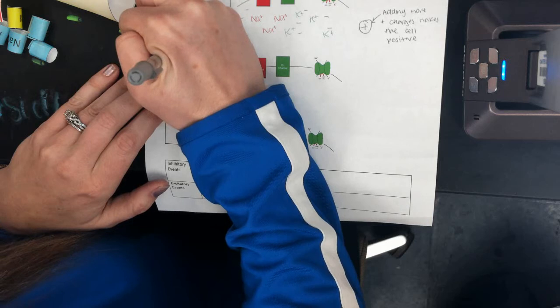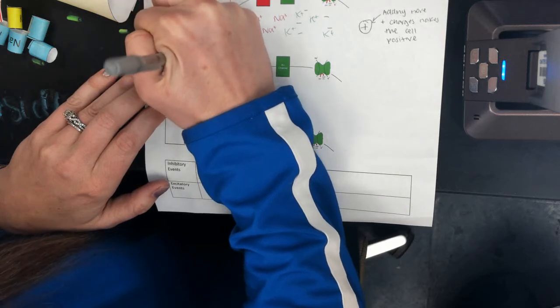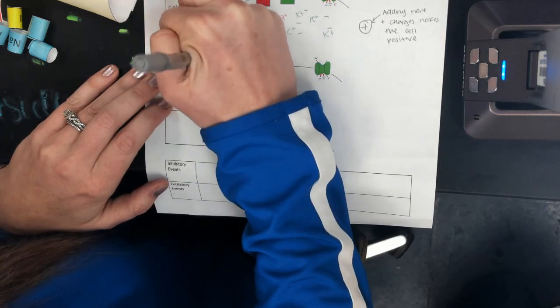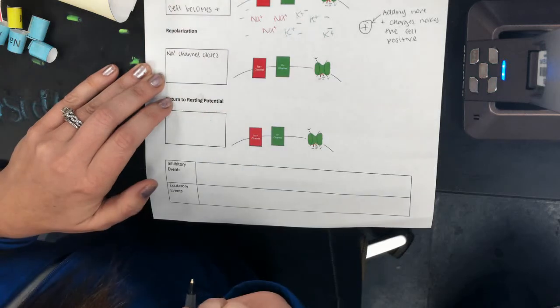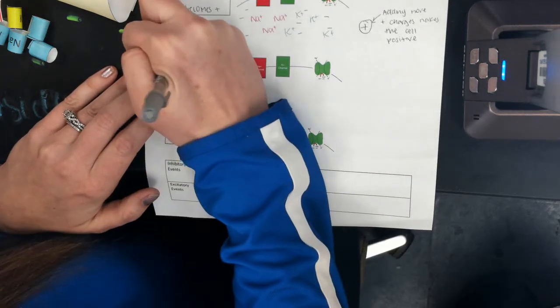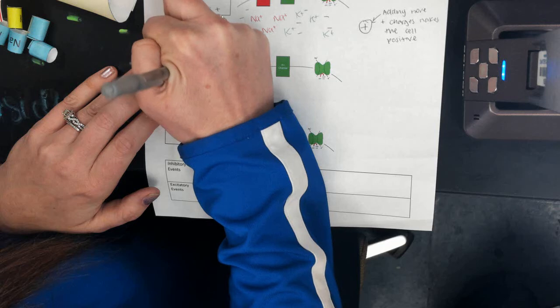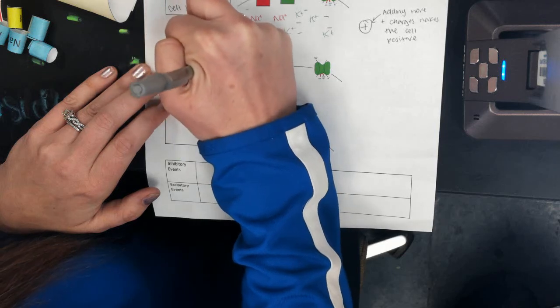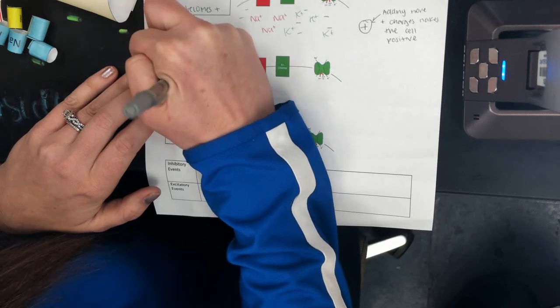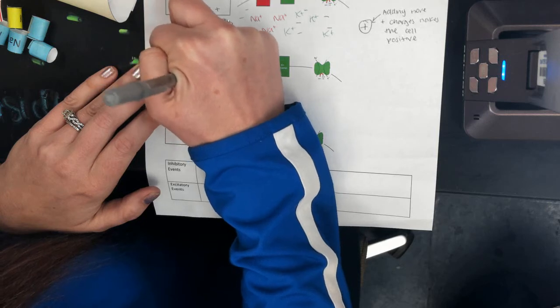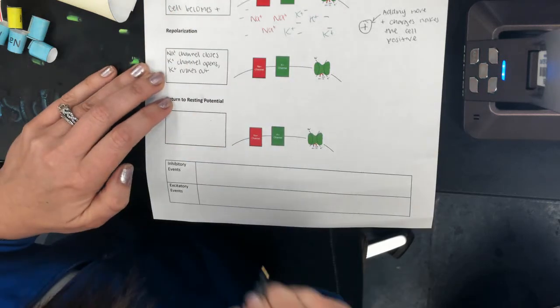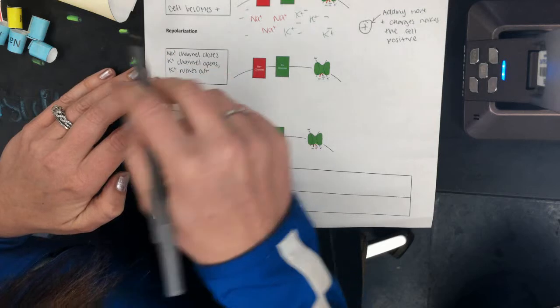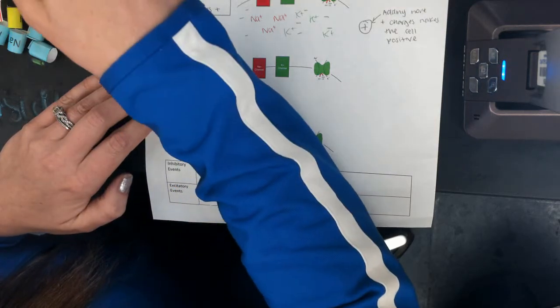I'll write it in first. So sodium channel closes, so no more sodium can go into the cell. The potassium channel opens, potassium rushes out of the cell, and as a result, because we're losing those positive charges, the positive charges were leaving.